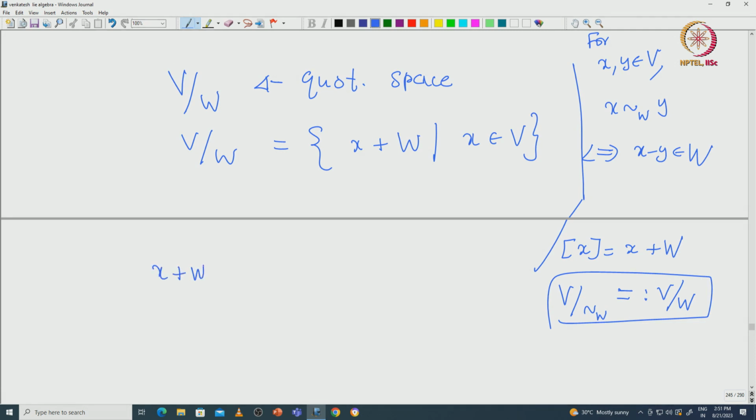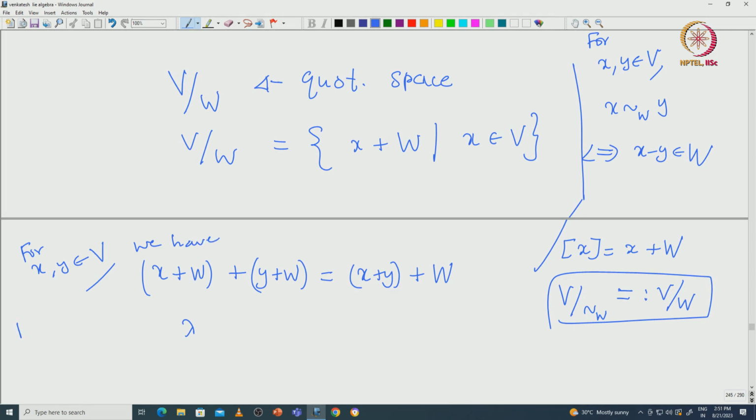Given two elements x plus W and y plus W, the addition is defined to be x plus y plus W. Similarly, the scalar multiplication: for x in V and lambda in C, we have lambda times x plus W equal to lambda x plus W. This is how the addition and the scalar multiplication are defined.